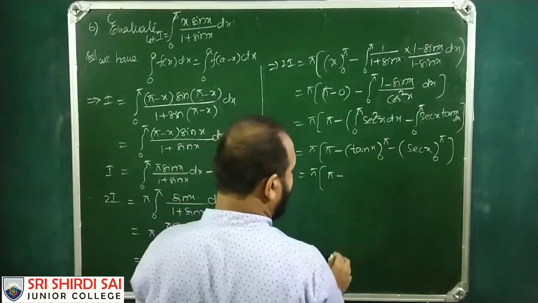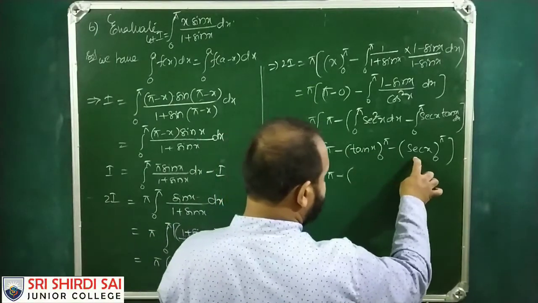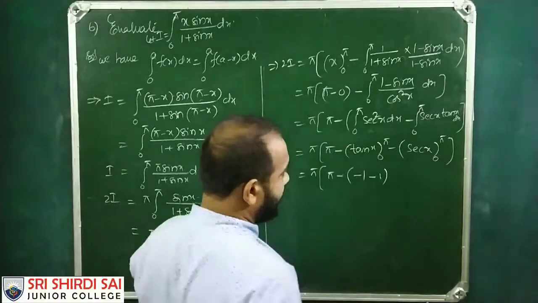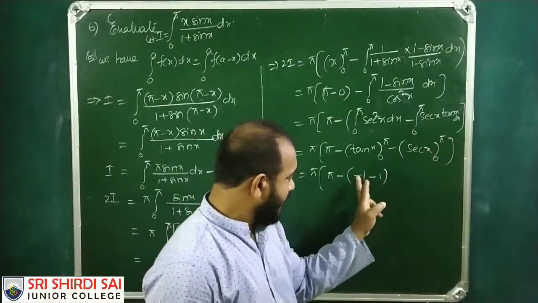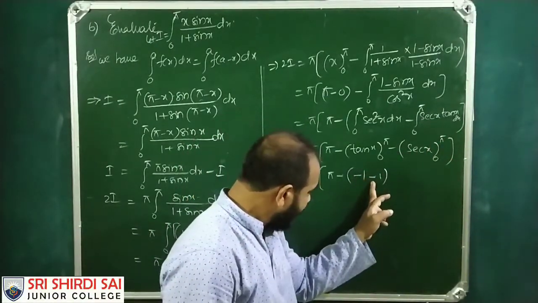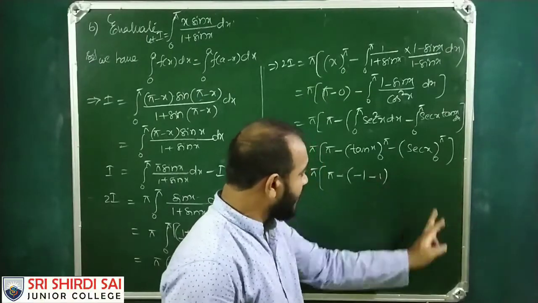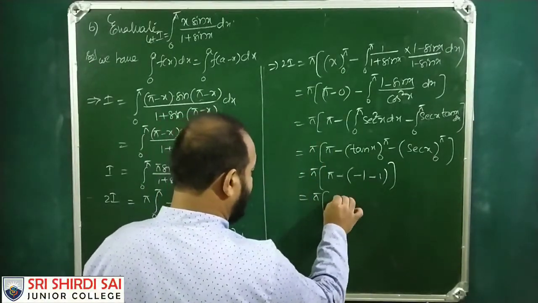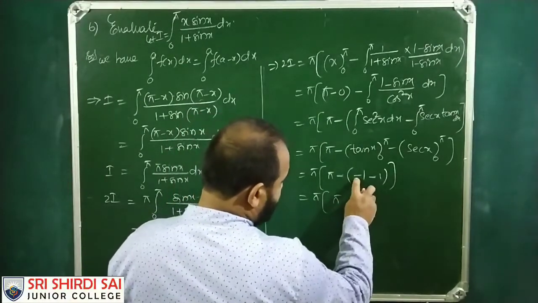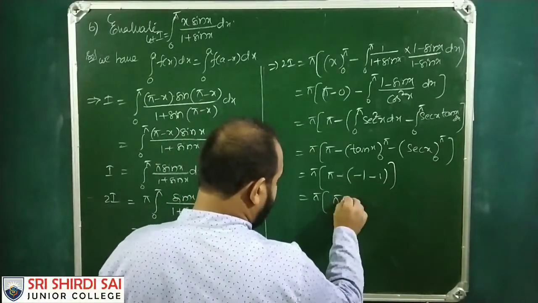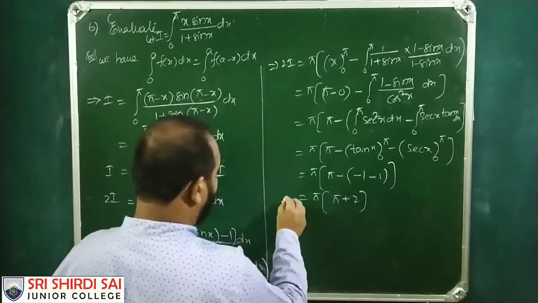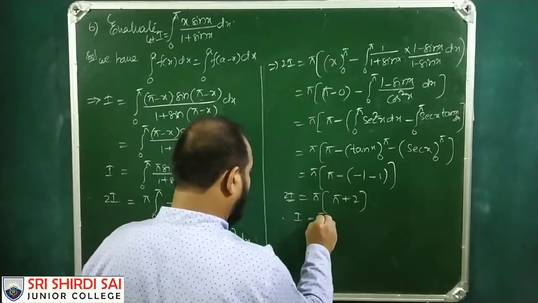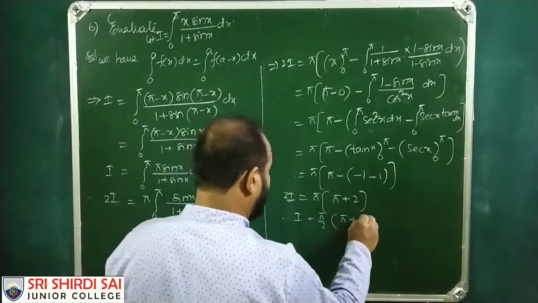So this is 0 minus secant pi minus 1 minus secant 0 is 1. Secant pi is minus 1 minus lower limit minus secant 0 is 1. So this is equals to pi into pi minus 1 minus 1 minus 2, minus of minus pi plus 2. So this is 2I is equals to, therefore I is equals to pi by 2 into pi plus 2.